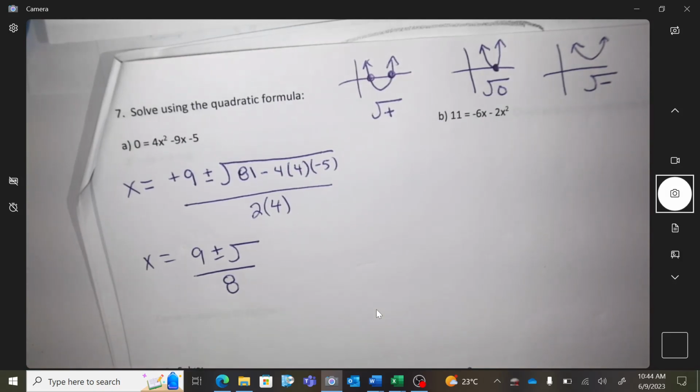Okay, I would get the square root part, so 81 minus 4 times 4 times negative 5.